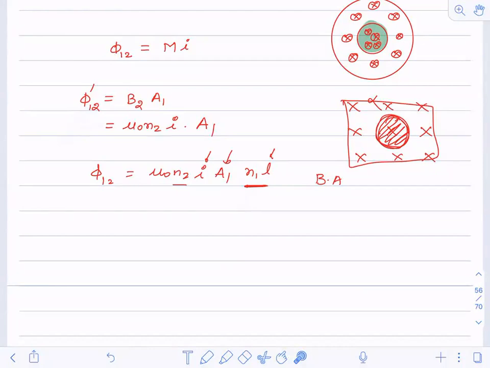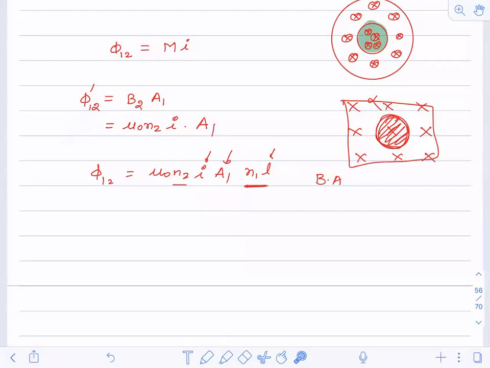Now there are a few important things that you should know in this, about the relation between the self-induction and the mutual induction.